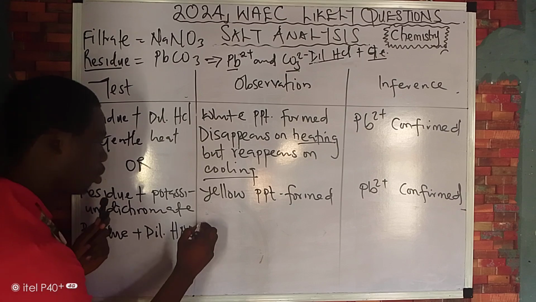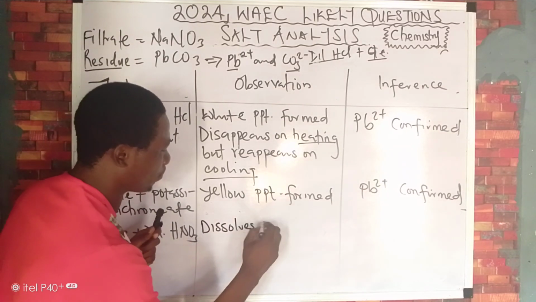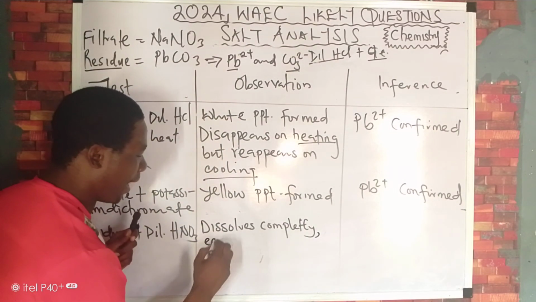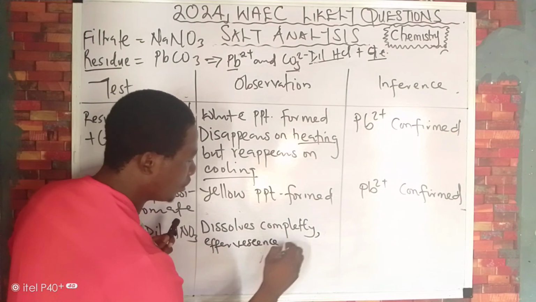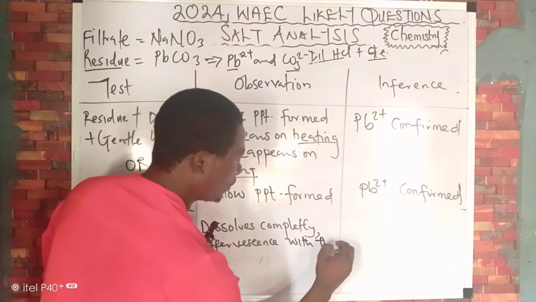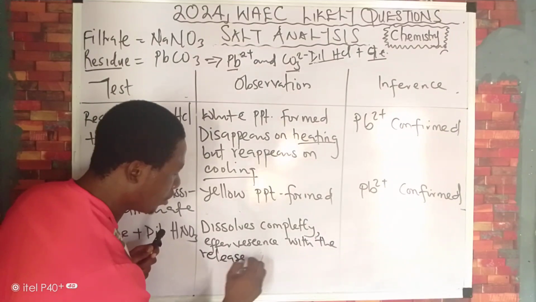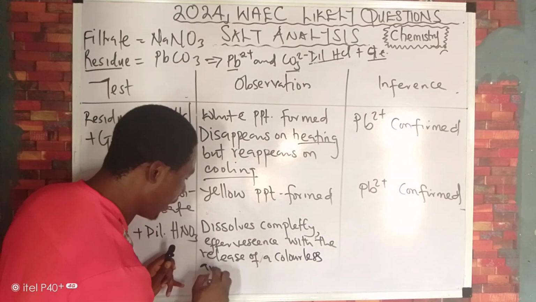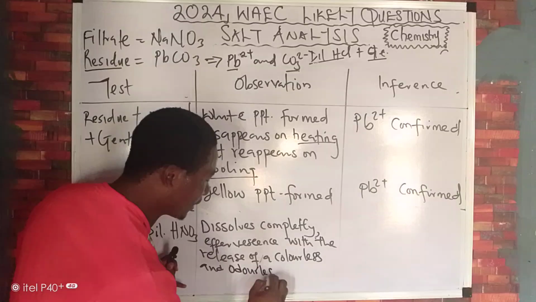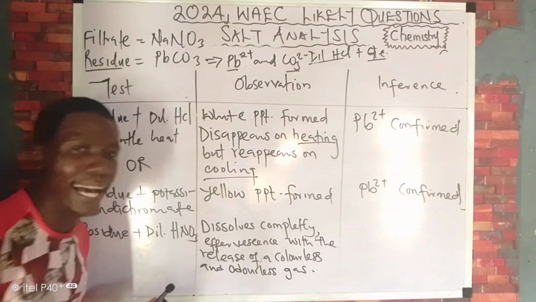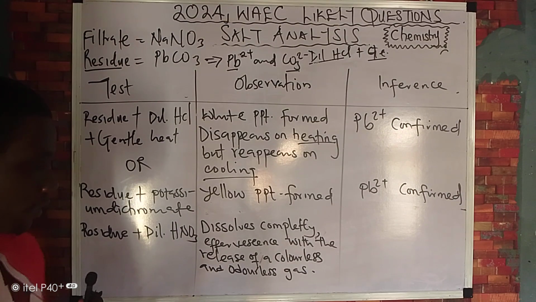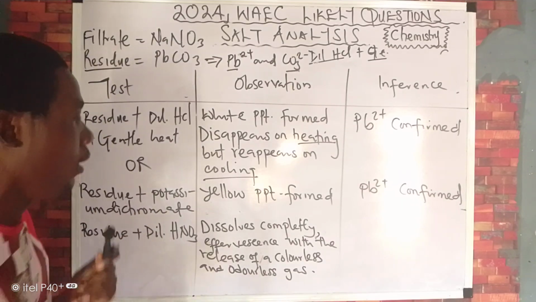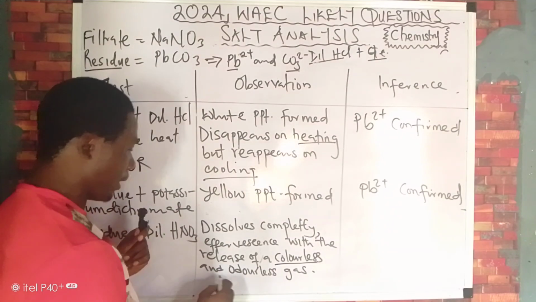It will dissolve completely, so we write: dissolves completely, effervescence occurs with the release of a colorless and odorless gas. Yes, the gas given off is colorless and odorless. By the time you add HNO3 to the residue, it will dissolve completely, effervescence will occur, and if you check, the gas will be colorless and odorless.